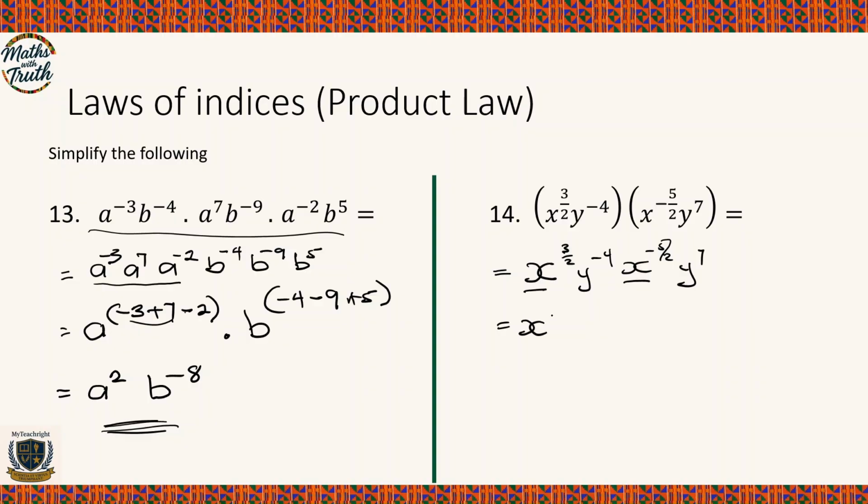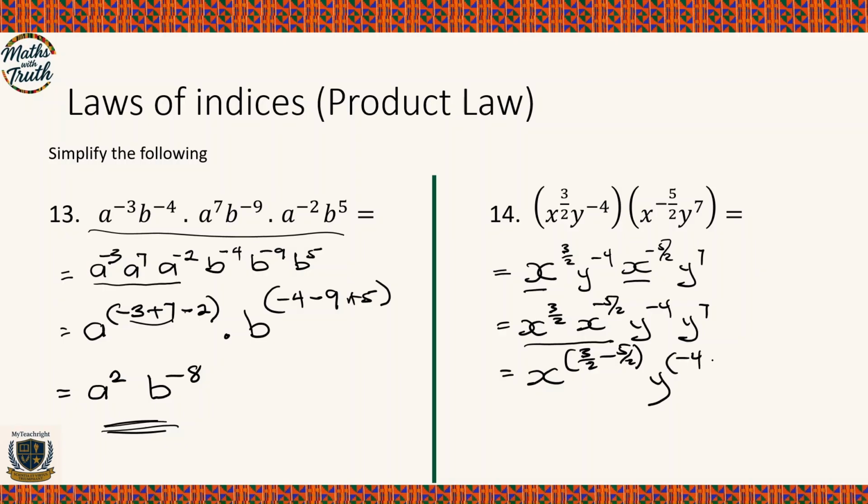So we have x exponent 3 over 2, then we have x exponent minus 5 over 2, then we have y exponent negative 4 and y exponent 7. So then we have x applying the product law, we have 3 over 2 minus 5 over 2. Then we have y exponent negative 4 plus 7.